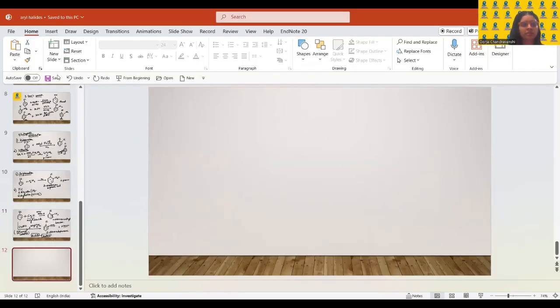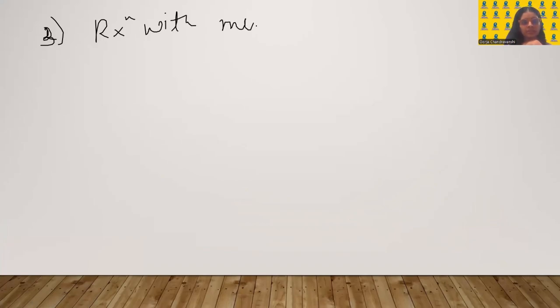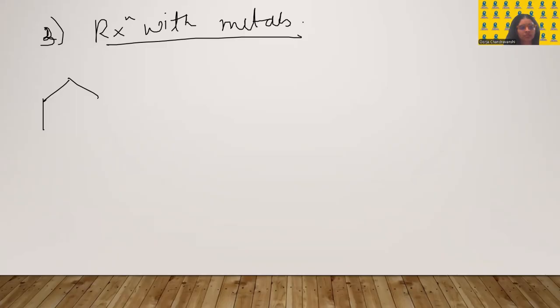Then is the formation of Wurtz reaction or Wurtz-Fittig reaction that we'll just see right now. So just like we have done in the alkyl halides, here also we'll see reaction with metals. This is actually the third type of reaction with metals. The Wurtz-Fittig first.